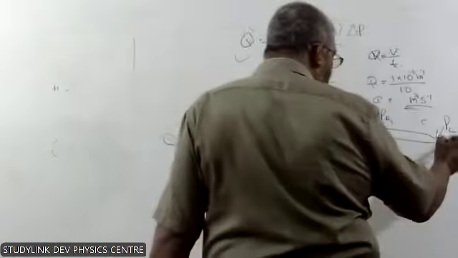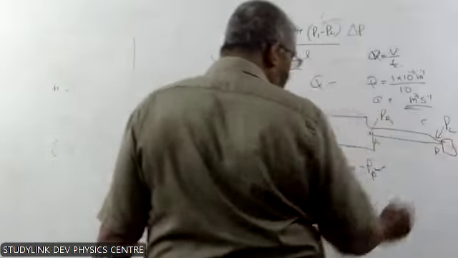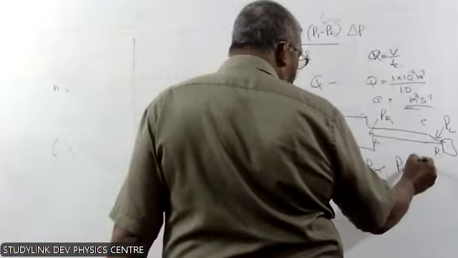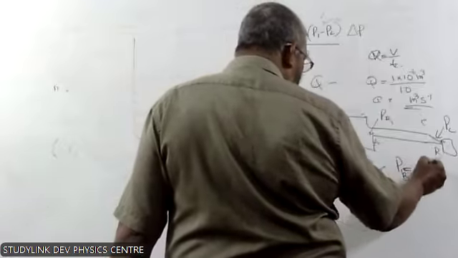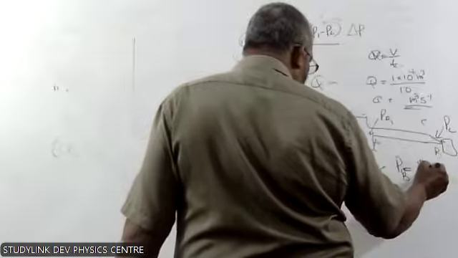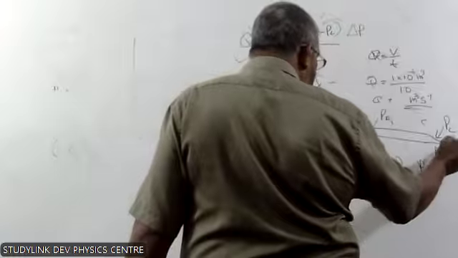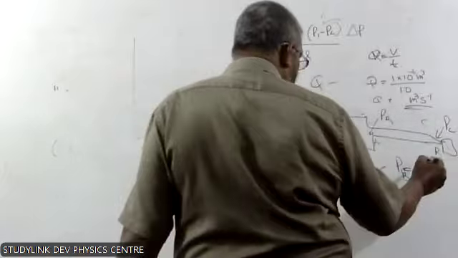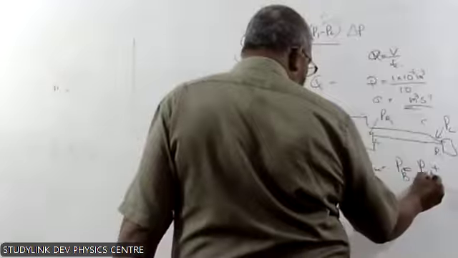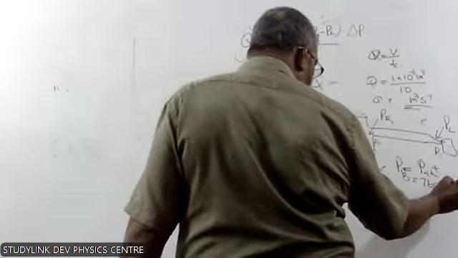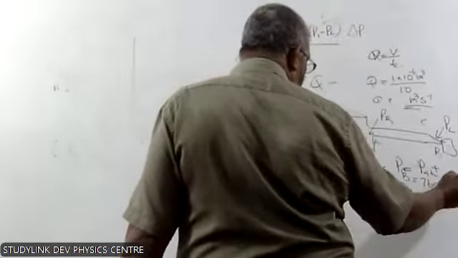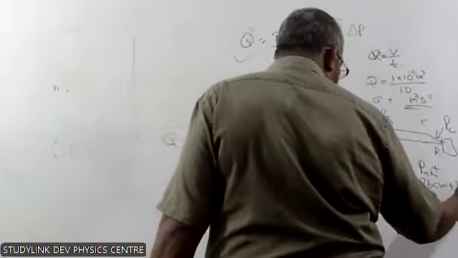Now the second situation, this pressure is different. That is PATM, and that pressure PB is new: PATM plus 100 millimeters of mercury. This can be written as 76 centimeters plus the mercury in millimeters, 100 millimeters.